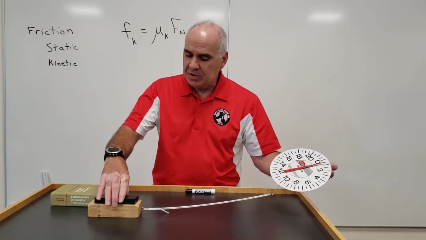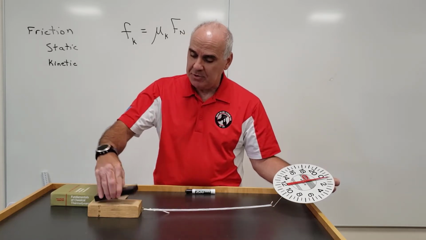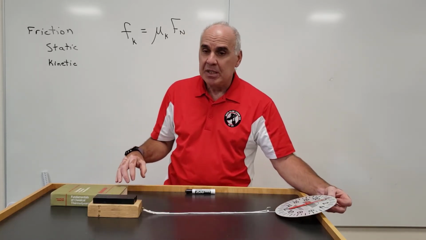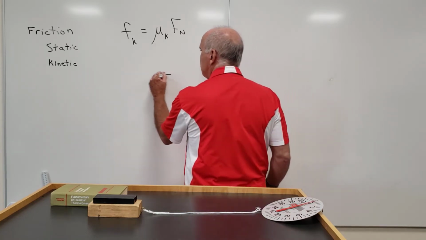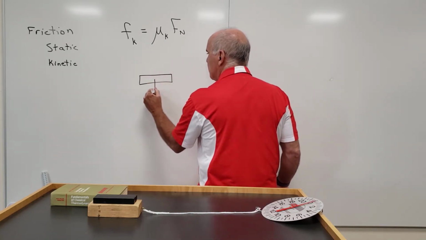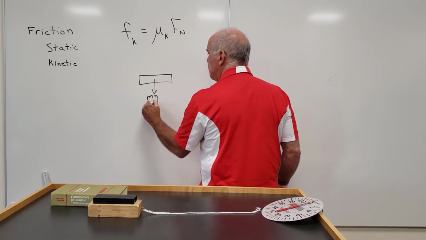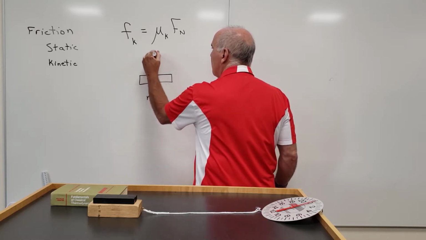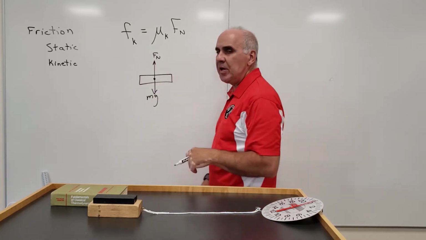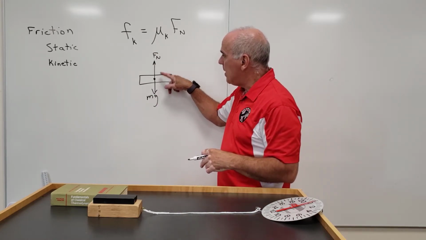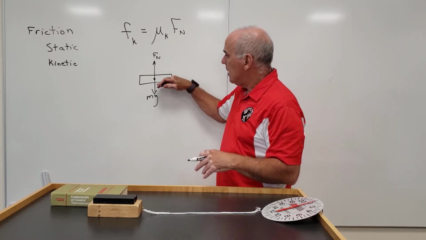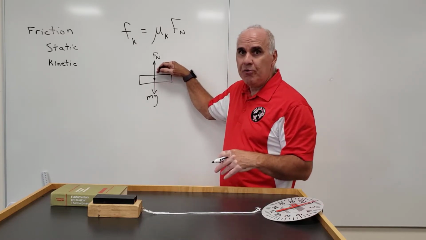Right? If I increase the weight of the block by putting these two bricks on top, then I have increased the normal force. All right, real quick force diagram right here. There's the weight of the block down, mg, and then the normal force is up. Okay, the weight of the block is down, the normal force is up. So when I increase the weight on a flat surface here, I increase the normal force.